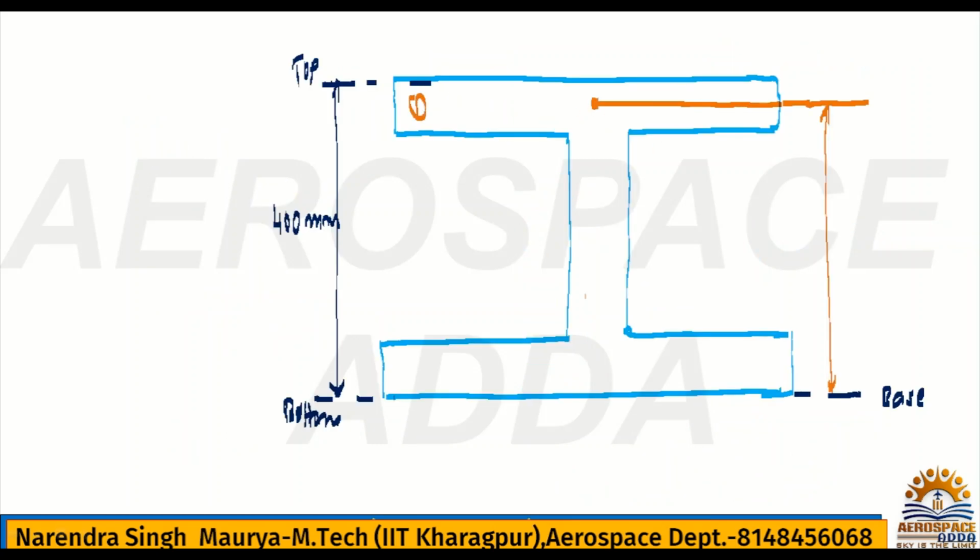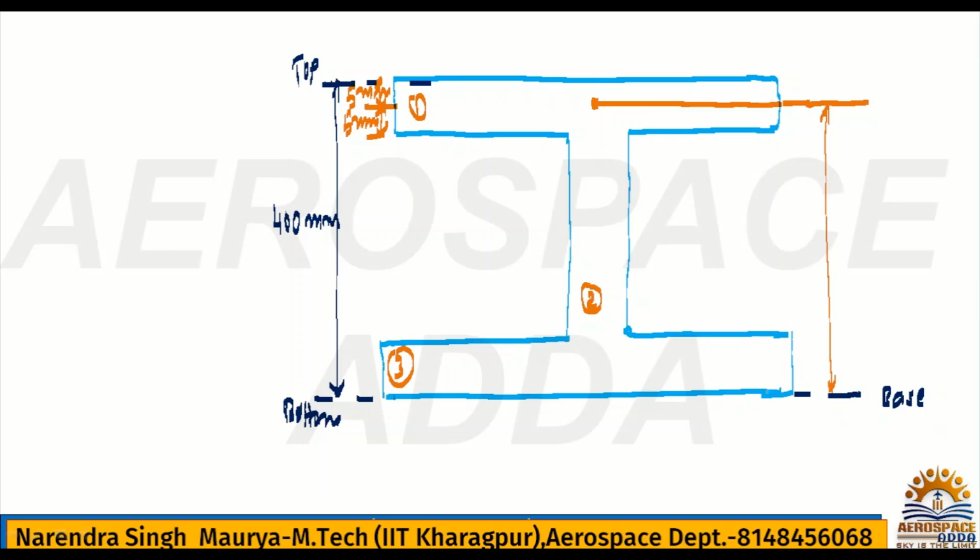This is section 1, this is section 2, and this is section 3. With respect to section 1, the total height is 400 mm, and in between, this is 5 mm, this is 5 mm, total is 10 mm, right?